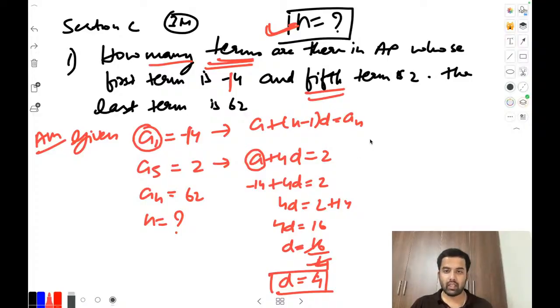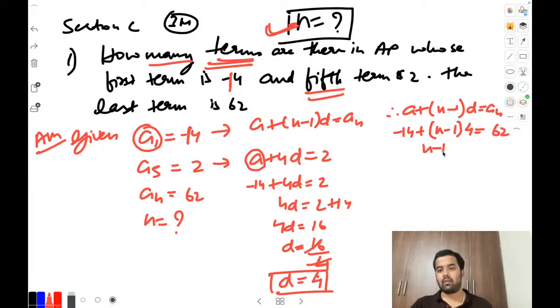Do we have a? See, we have all the values now. a plus n minus 1 into d equal to an. We have the a value, which is -14 plus n minus 1, we will write this way. d value we have 4, an we have 62.